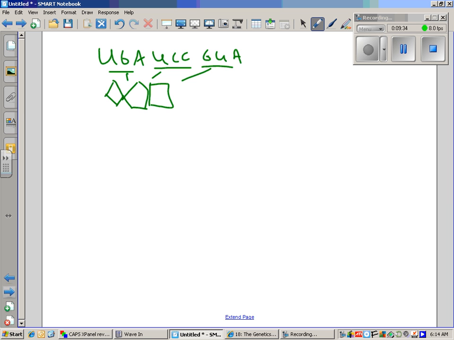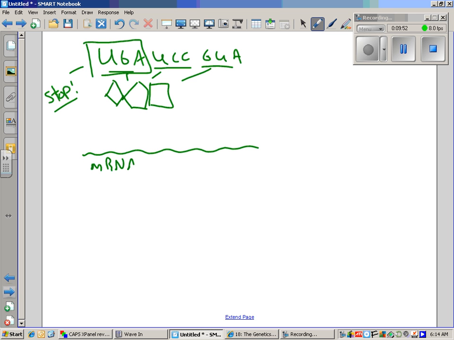Now, I may have screwed up because this may be actually a stop code. The protein is done when it reaches a stop code. And so you'll have this long chain of messenger RNA, and the very last base, the very last codon, is a stop code.